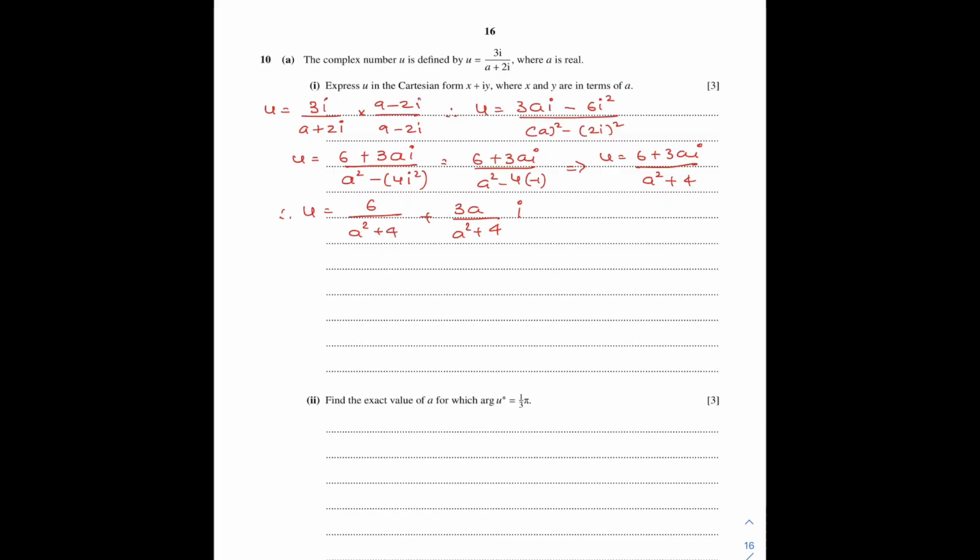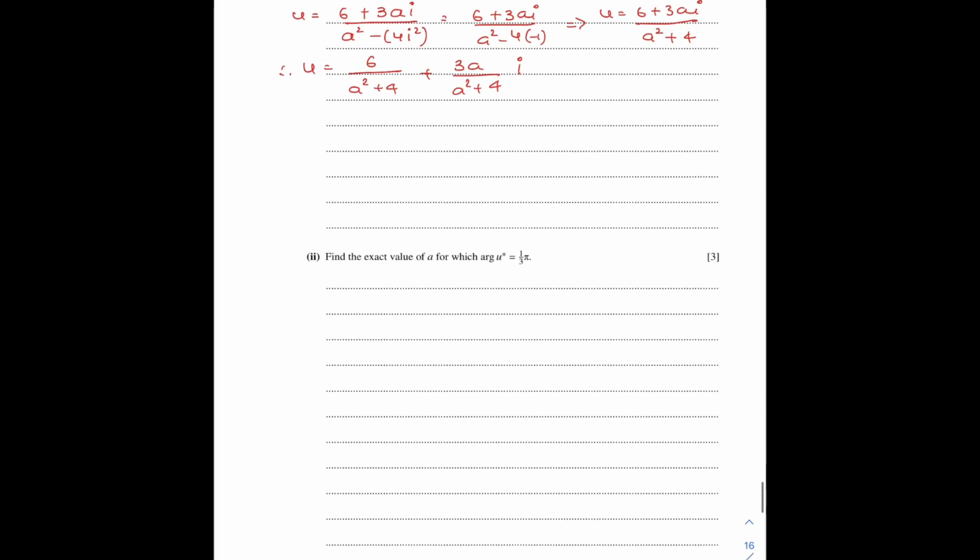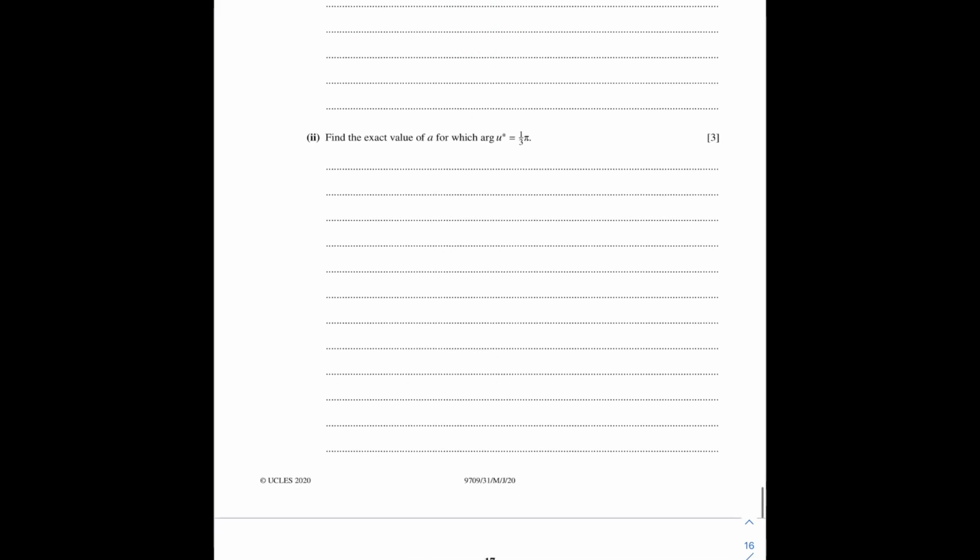Therefore u is 6 over (a squared plus 4) plus 3a over (a squared plus 4) i. That's in the form of x plus iy.